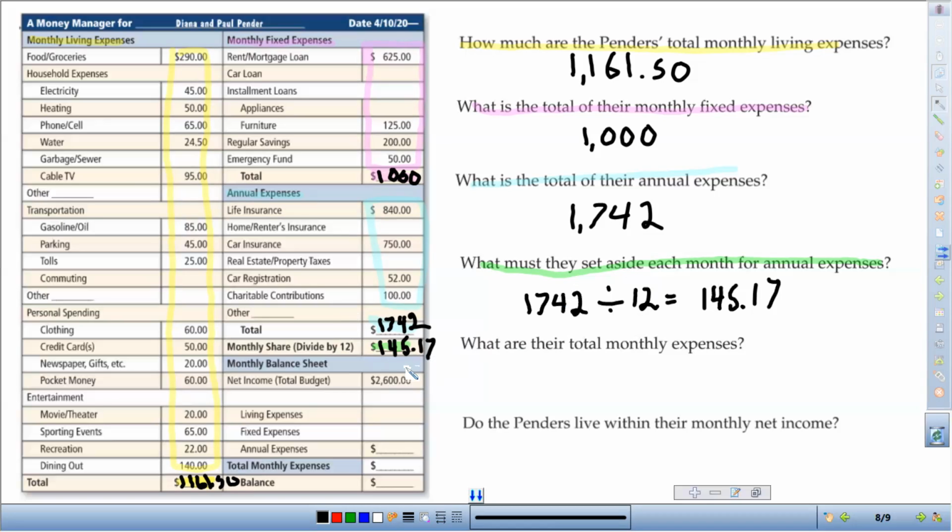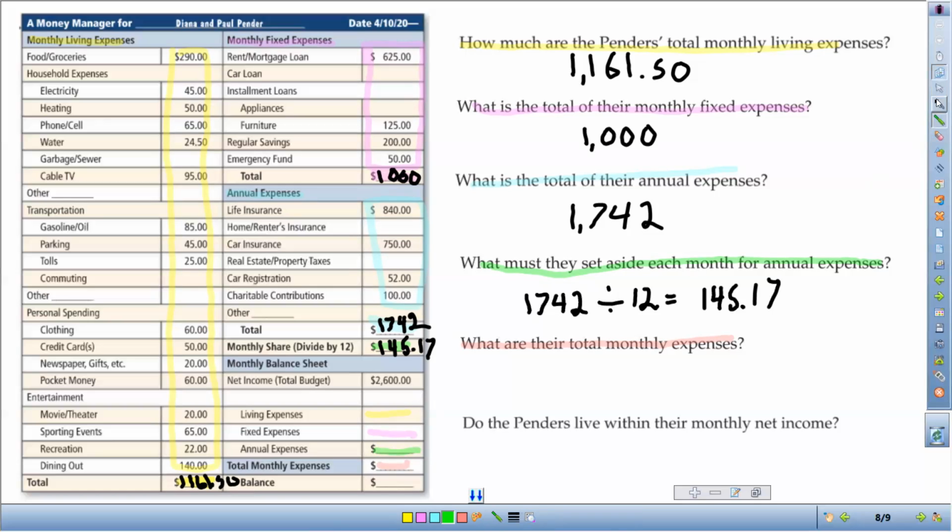So now we're going to fill out what are their total monthly expenses. So we're going to look at this monthly balance sheet. So the total monthly expenses is going to be the sum of all those numbers. We have the living expenses. It's going to go here. We have the fixed expenses, and then the monthly share of the annual expenses.